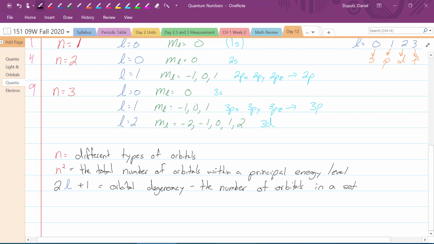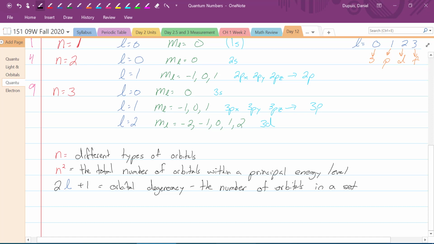So if L is 1, 2 times 1 plus 1 would be 3. 3 orbitals, 3 p's. If L is 2, 2 times 2 is 4 plus 1, 5. 5 orbitals. If L is 0, I have 1 orbital.